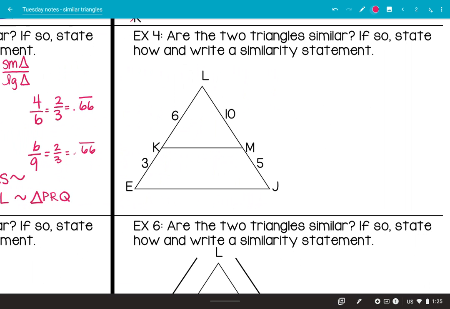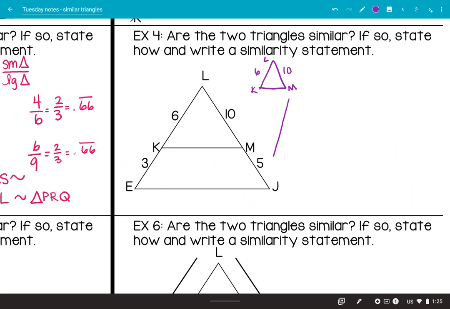Okay. Now with this one, I do not like it when the one triangle is on top of the other, because I have had so many students get this one confused. It's much easier to break it up. So we're going to take the small triangle, so L, K, M, 6 and 10.